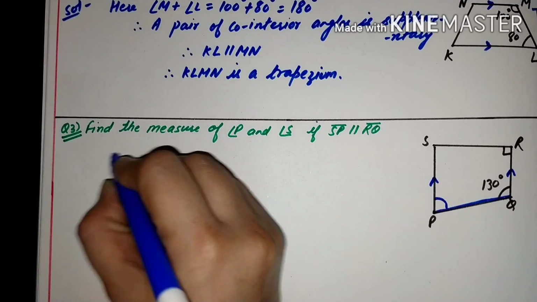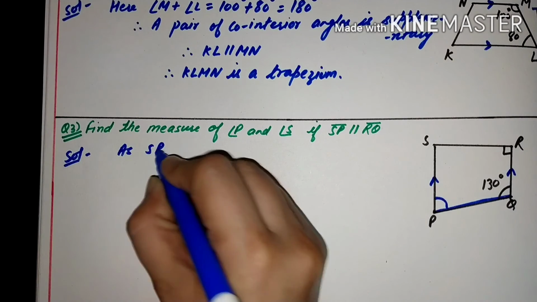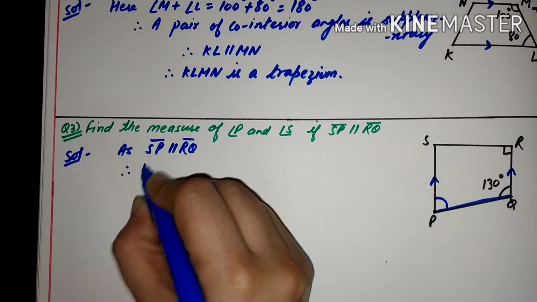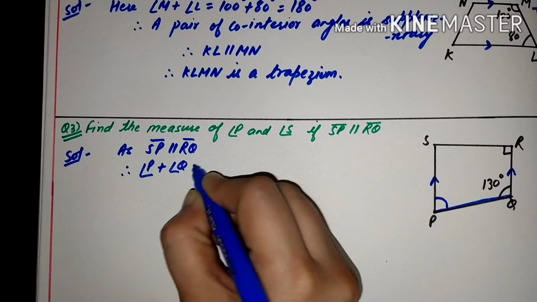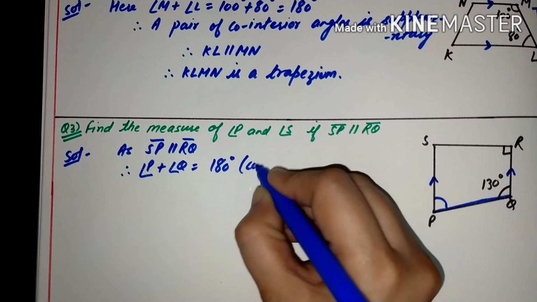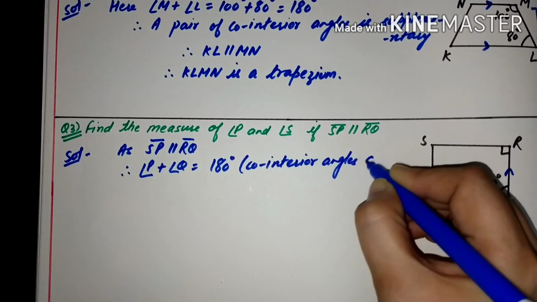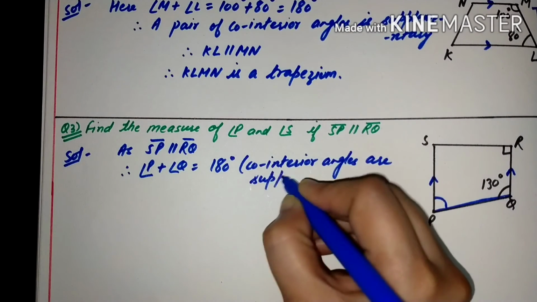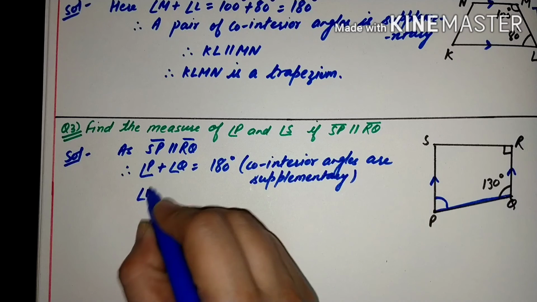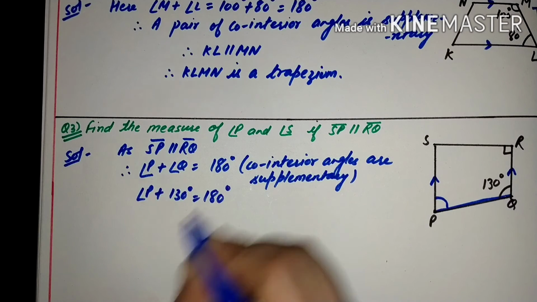So here, as SP is parallel to RQ, therefore angle P plus angle Q should be equal to 180 degree, and the reason is that co-interior angles are supplementary as lines are parallel, and we have to find the value of P. So angle P plus 130 degree is equal to 180 degree.